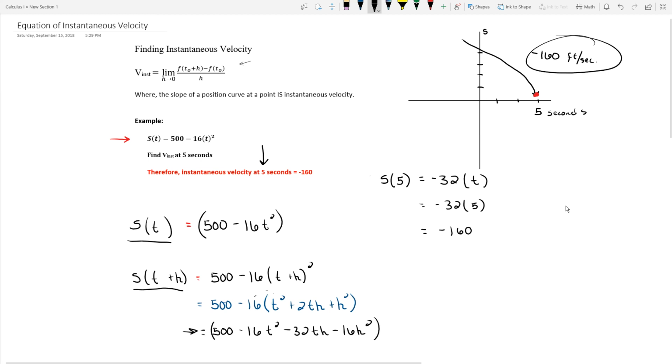What's great about that is, not only did we find what we did in the last video, that the instantaneous velocity at that given point along the trajectory is negative 160 feet per second, if that was the unit measure, and that it's a negative trajectory traveling, as you could say, towards the Earth, we can also now substitute any time along that trajectory that we want. We could put 8, we could put 0, anything that we want, using this formula that we have created for slope at any given point. And that makes it a lot easier. So I hope that helps, and thanks for watching.